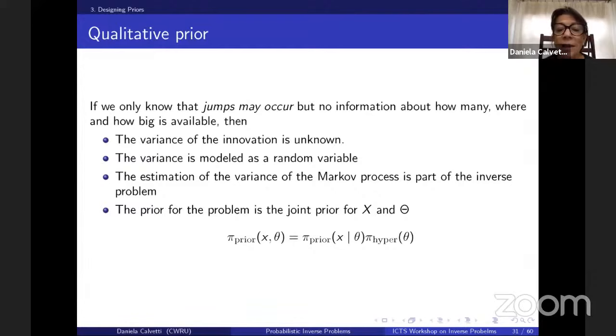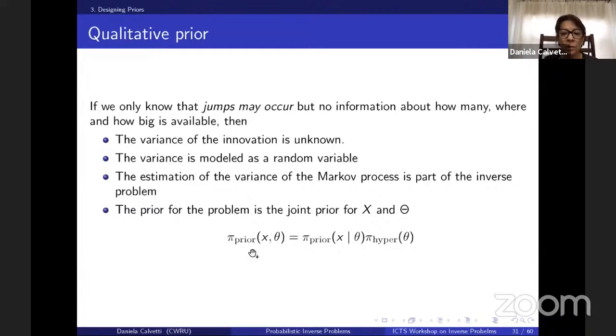So we can write a conditional prior of x given theta, and then multiply this by the probability density of theta, which in this case we call the hyperprior, because it's a prior for a parameter that enters in the prior. So essentially, we are interested in the joint prior for x and theta, because these are our new random variables to be estimated.